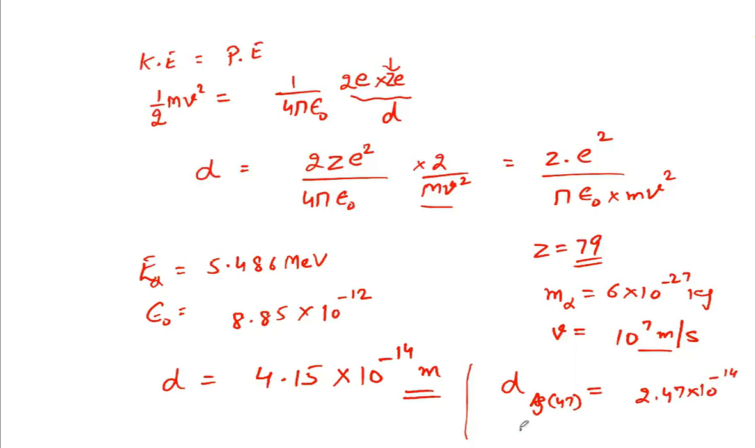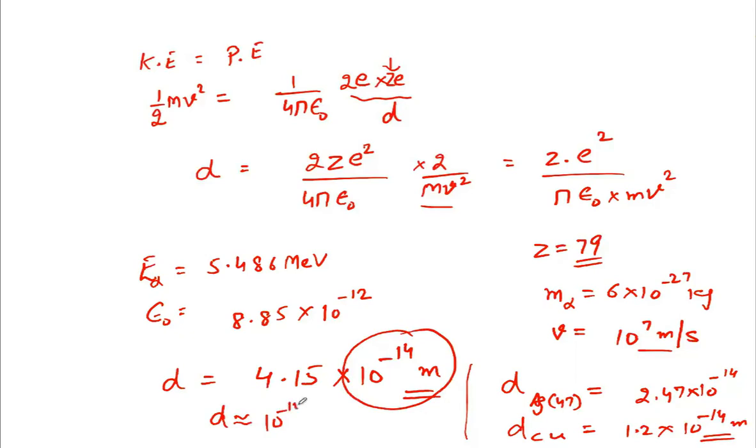With the copper atom, he found the distance of closest approach to be around 1.2 into 10 to the power minus 14 meter. So the value of D is around 10 to the power minus 14 meter.